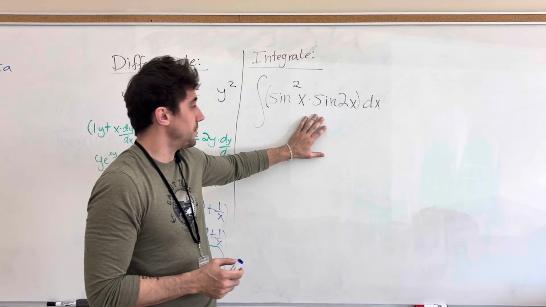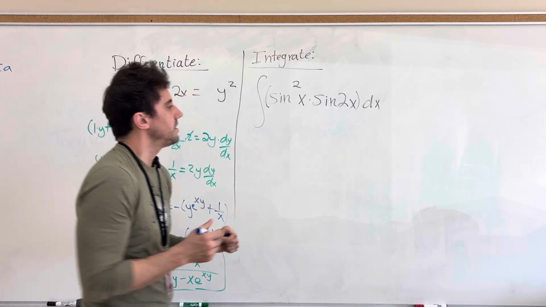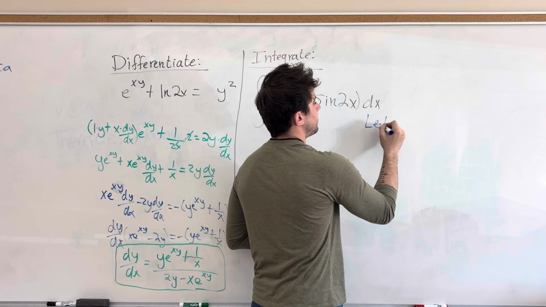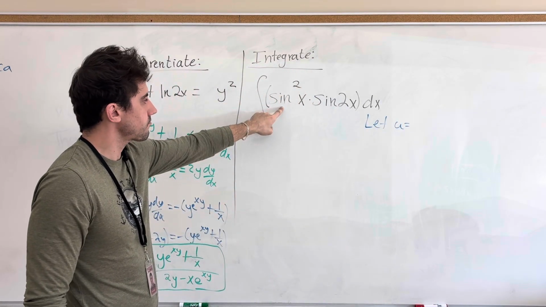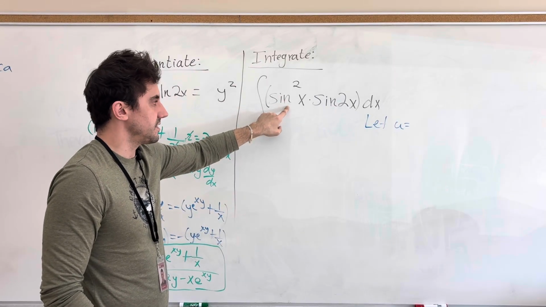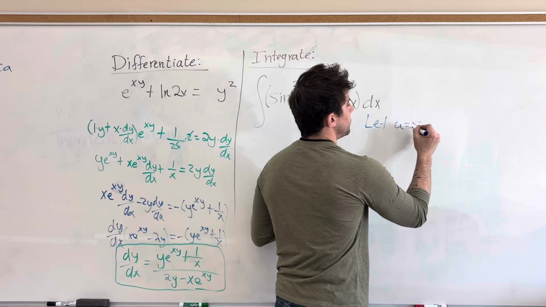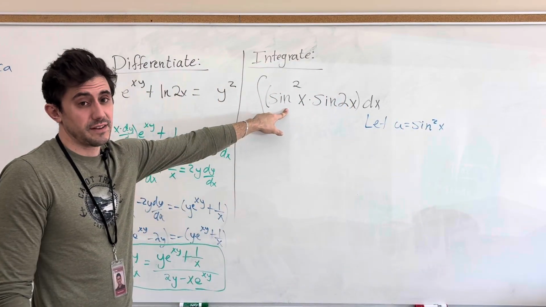For this one, this looks a bit wonky at first, but it's just lending itself really nicely to a u substitution. So if we pick u to be sine squared x, I'm guessing you're leaning towards making u sine of x.